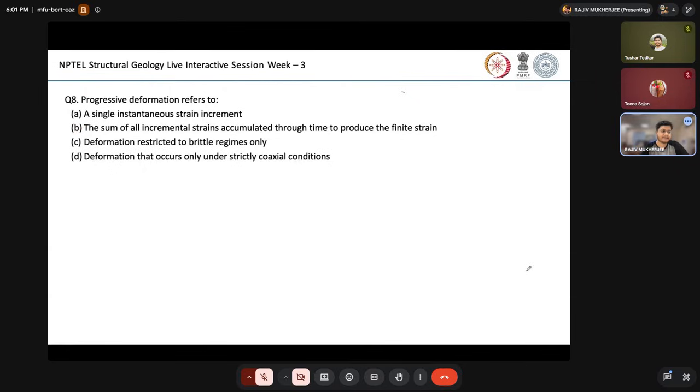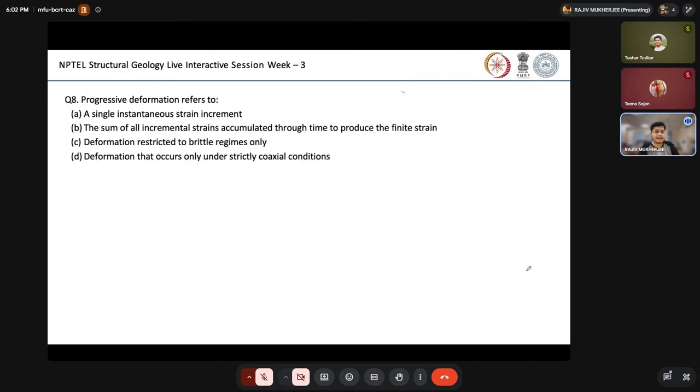Question number 8. Progressive deformation refers to: option A, a single instantaneous strain increment; option B, the sum of all incremental strains accumulated throughout time to produce the finite strain; option C, deformation restricted to brittle regimes only; option D, deformation that occurs only under strictly coaxial conditions.